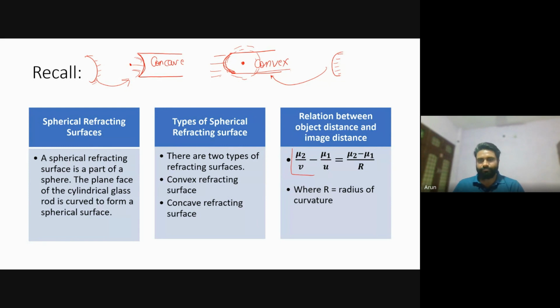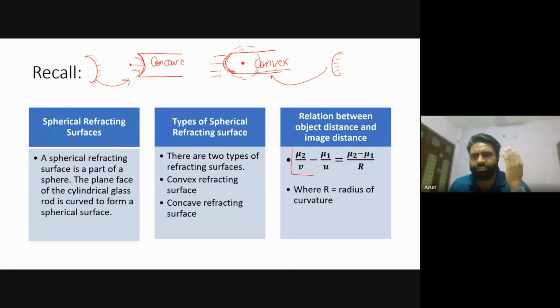Got it? And in the simplification, I have told you mu1 is the medium of the object and mu2 is the medium of the observer, because the ray will go into the observer's eyes. So mu2 is the medium of the observer, mu1 is the medium of the object.